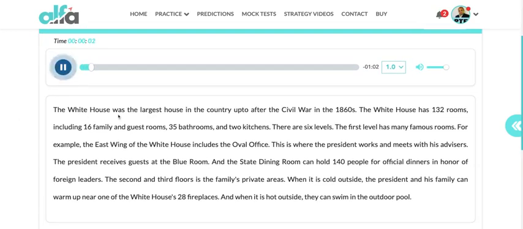The White House was the largest house in the country until after the Civil War in the 1860s. The White House has 132 rooms, including 16 family and guest rooms, 35 bathrooms, and 3 kitchens. There are 6 levels. The first level has many famous rooms. For example, the West Wing of the White House includes the Oval Office. This is where the president works and meets with his advisors.